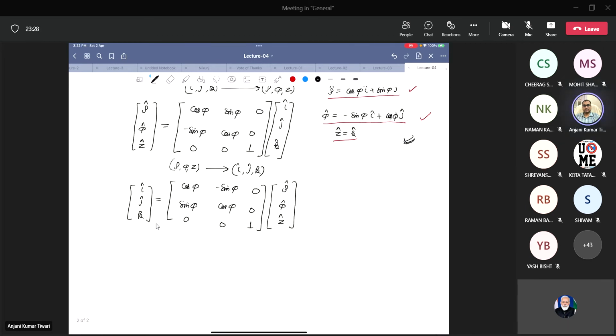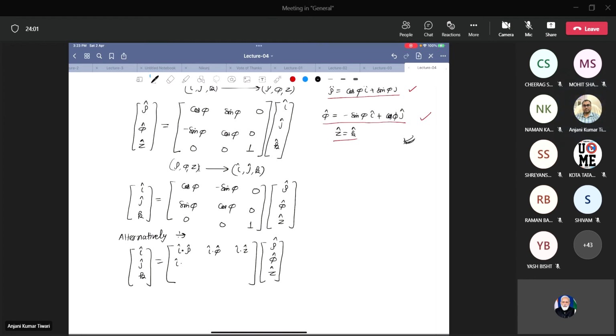Or alternatively, you can just write it down as i, j, k is equal to a matrix times rho cap, phi cap, z cap, with entries i dot rho cap, i dot phi cap, i dot z cap.